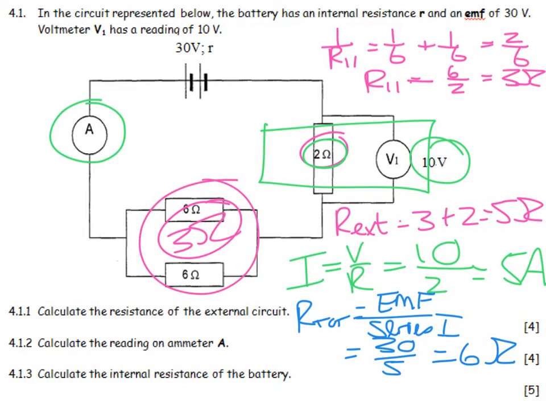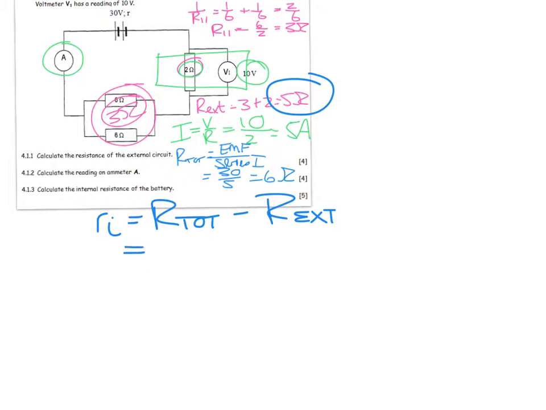That is my altogether resistance. My external resistance I've just worked out earlier was 5 ohms. So R internal is equal to R total minus R external, and that is 6 minus 5, and that's 1 ohm. Try and give the examiner an opportunity to give you some part marks by showing your working.